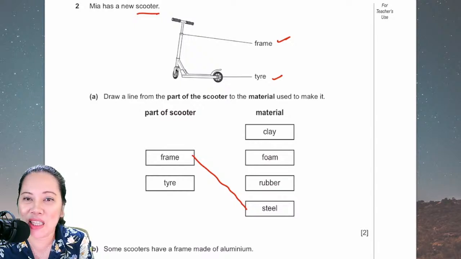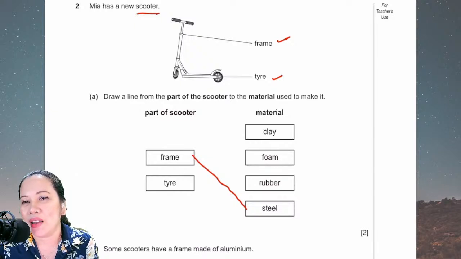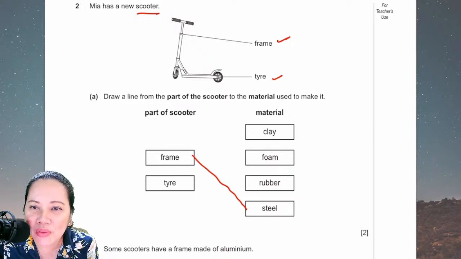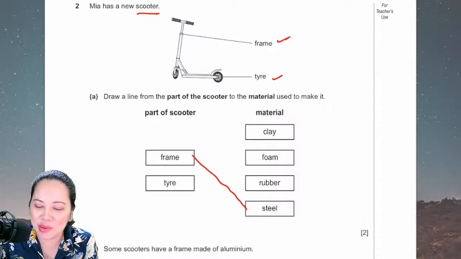All right. How about your tire? What should your tire be made of? Yes, that's right. Rubber. Okay. So why are tires made of rubber? Why not made of clay or foam?